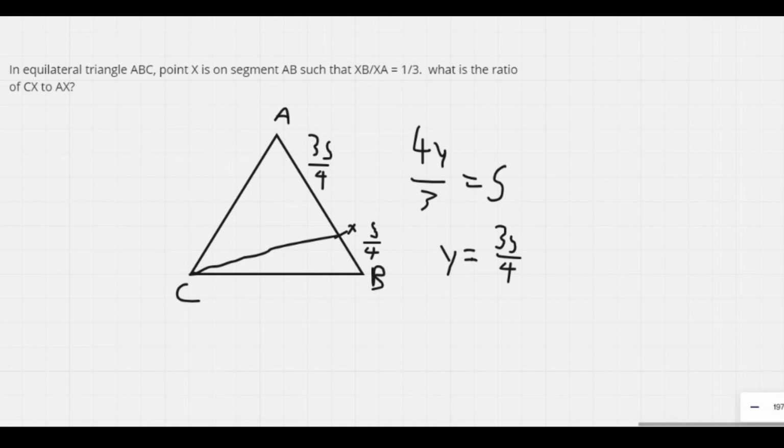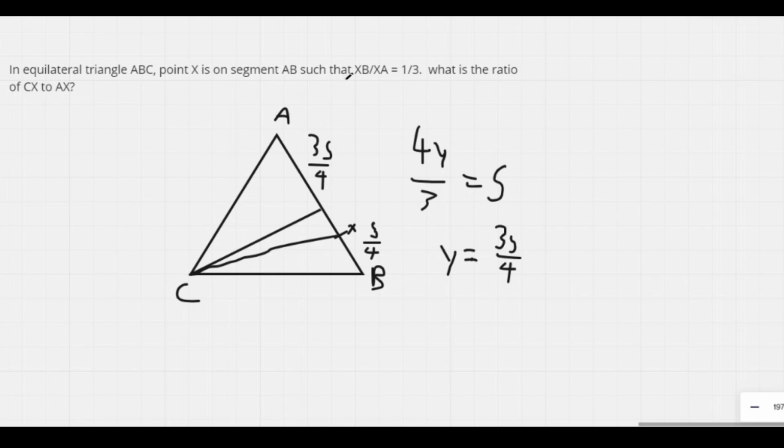This will divide ABC into two 30, 60, 90 triangles, and the ratio of the side lengths are 1, square root of 3, and 2.